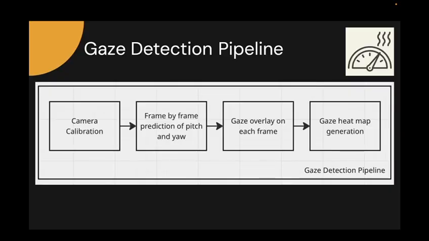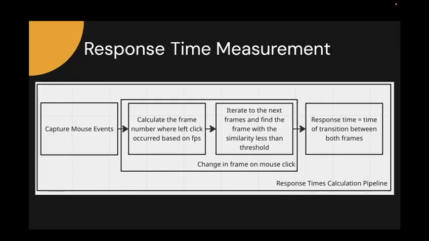Here is the gaze detection pipeline that we used. Firstly, we calibrate the camera, do frame by frame prediction of pitch and yaw angles of the webcam recording frames, overlay the gaze on each frame, and additionally we generate a heat map for gaze on a 3x3 grid. In addition, we calculate response times for events using the following pipeline.